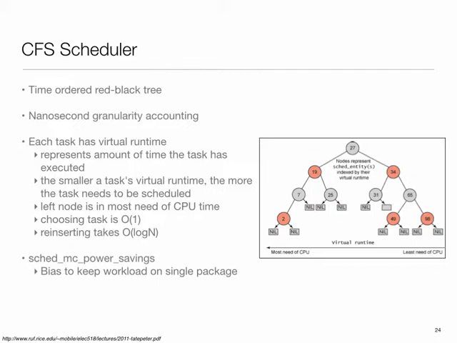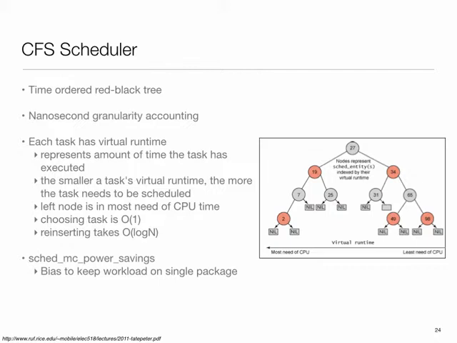There's no real-time goal. It uses a particular data structure called red-black trees. The main thing here is that the leftmost tasks are the ones which have consumed the least amount of execution time and therefore have the highest need to be prioritized for execution.